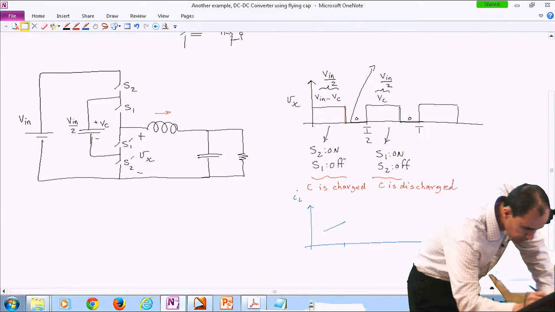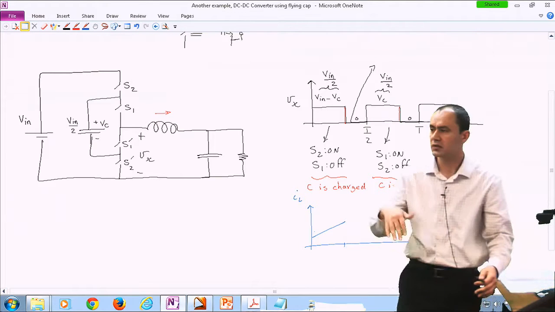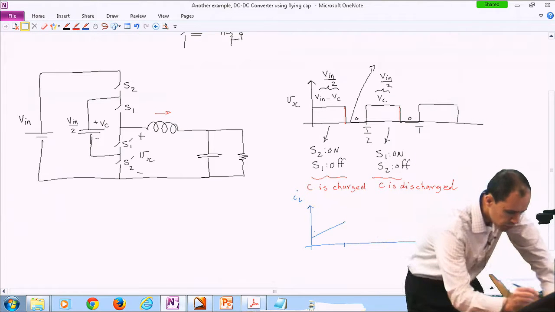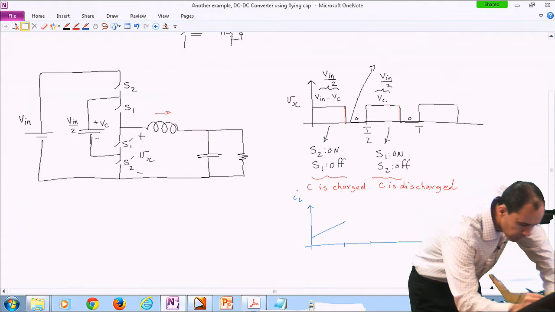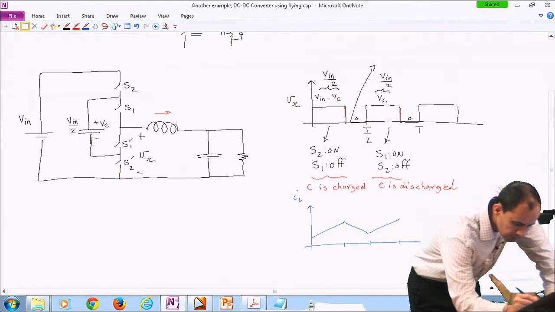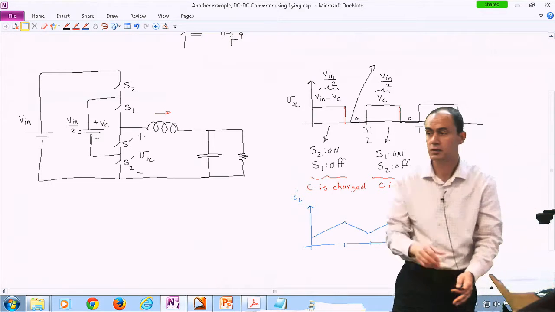So inductor current rises because this is definitely larger than the output voltage, then falls like a freewheeling thing, then rises again, and then falls, and does it like this.